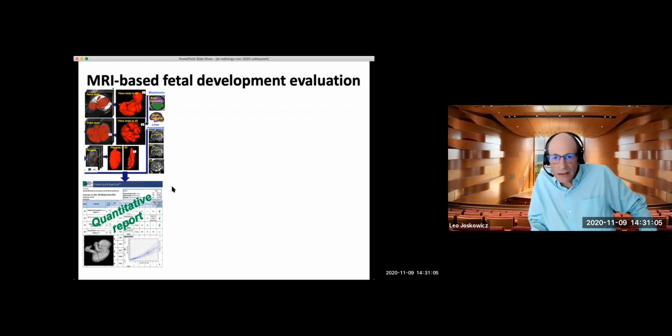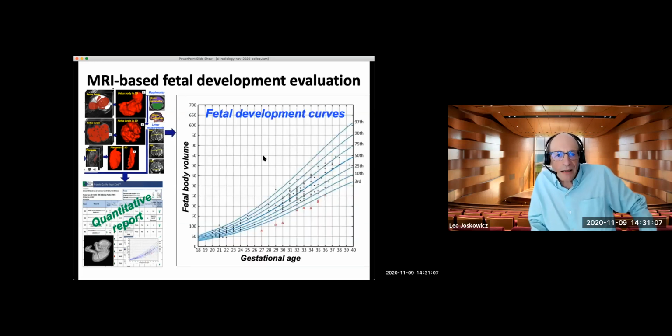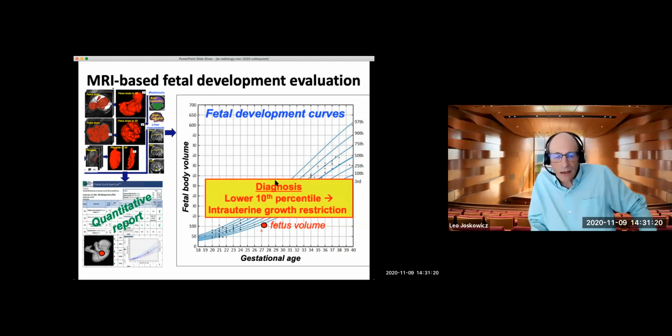Based on this quantitative report, you can then compare, for a specific fetus, what is, for example, the volume here, and then place it with respect to the fetal development curve from MRI, and then come to the conclusion whether there is a problem or not.